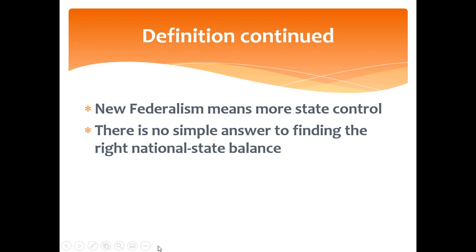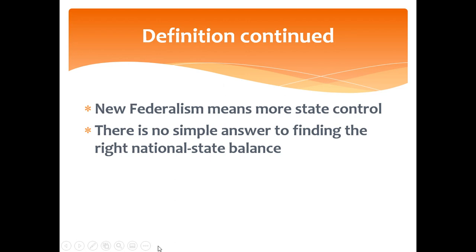Last thing, there is no simple answer to finding the right national-state balance. The allocation of policy making between state and federal governments can dramatically affect who benefits from policies. For example, redistributive programs, taking money from the rich and giving to the poor.